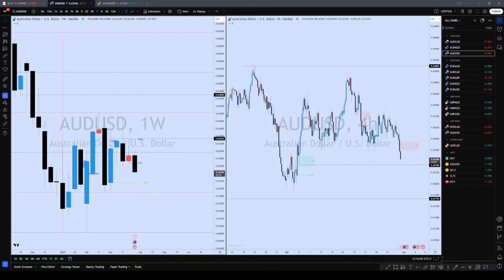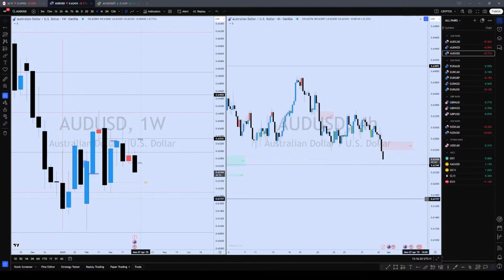So maybe they might use that as a reason to send it back up again. So watch this level, and hopefully we'll be here by then and then anticipate price rejected.